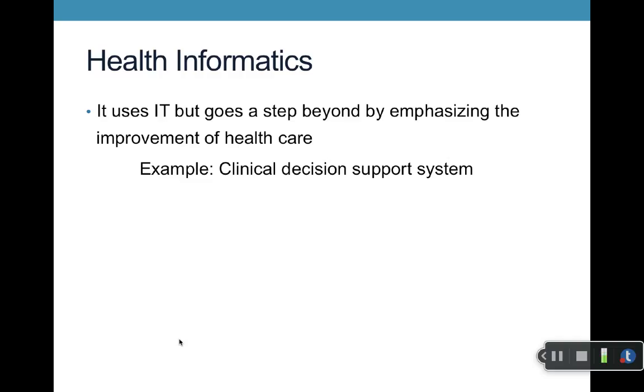So a system that is designed to take all of the data that currently exists about the treatment of, let's say, prostate cancer, and it funnels through that decision support system all of the particular parameters of this given patient and all of the evidence that we know about the appropriate treatment of prostate cancer, and goes through a decision tree and a set of rubrics to ultimately, at the end of it, recommend to the provider, these are the tests that should be run, these are the things that should be offered to this patient, so that everything that the patient is doing is based out of a provider's recommendation that is evidence-based.